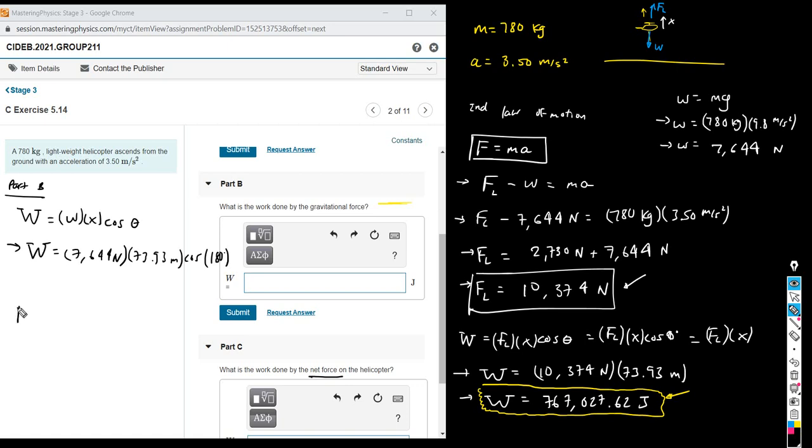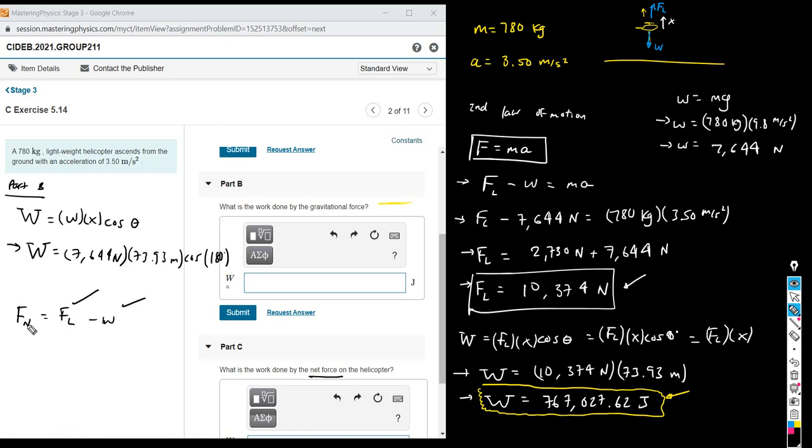the following. Let me write Fn for net force. The meaning of the word net means total, and that's going to be equal to the lifting force minus the weight. Remember, why minus? Because it's opposite to the lifting force. And that's how you get, oh, do we have this thing? Yes, we have it. Do we have the weight? Yes, we have it.